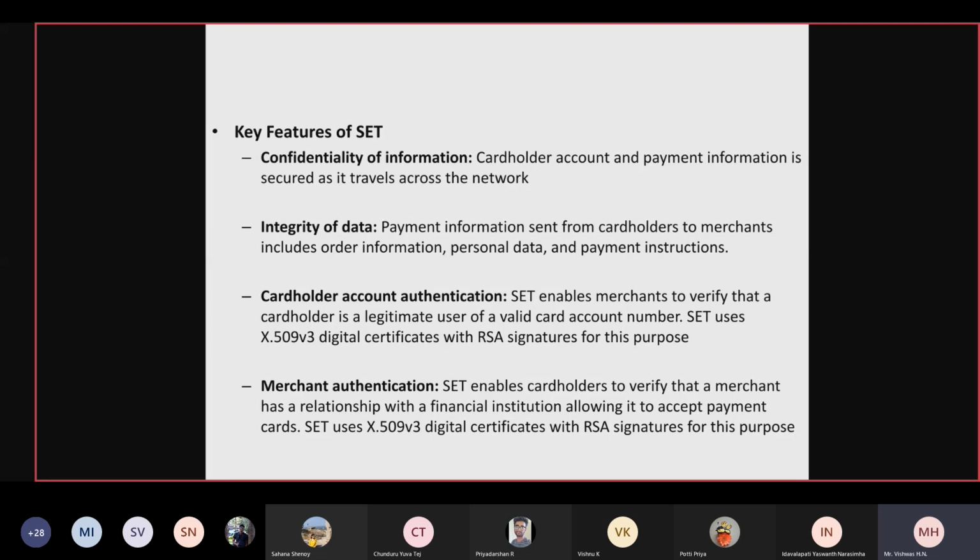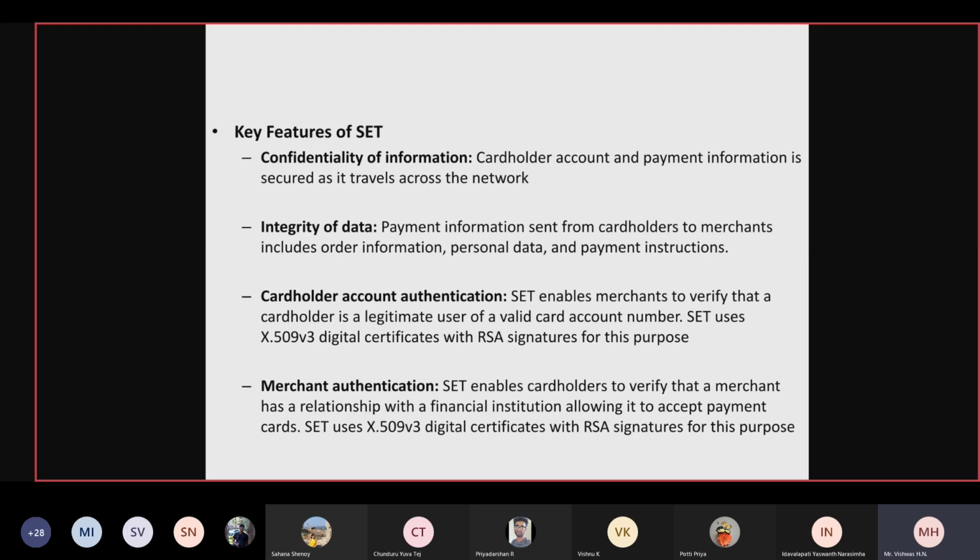Integrity of it is very important, because if the data changes, then you may get some other order or you may pay more. Many things can happen. So confidentiality of information and integrity of data are both very important, students.